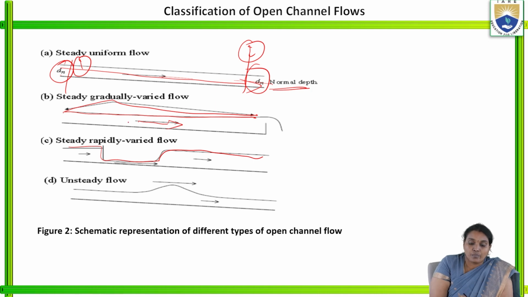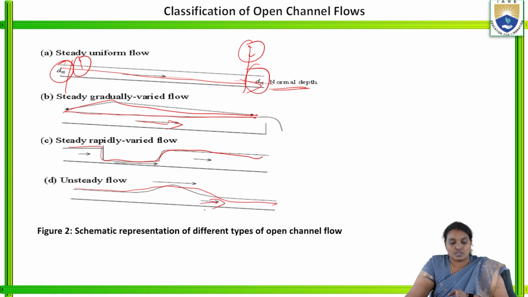In this also, the rate of flow or the discharge along the depth, there is no change with respect to time. Coming to the unsteady flow. These are the representations of different types of open channel flow.